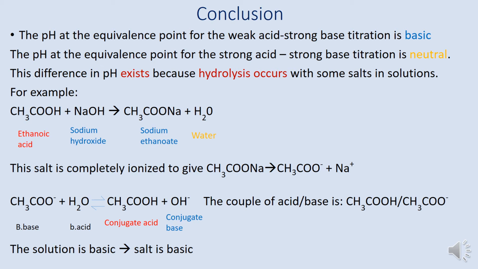Remember that CH3COO- is a Bronsted base because it accepts a proton from water, from H2O, to become CH3COOH by gaining this H+ and giving OH- in water.